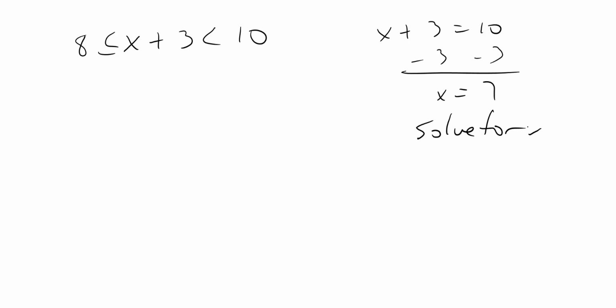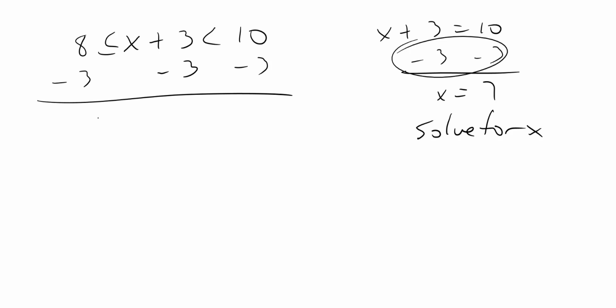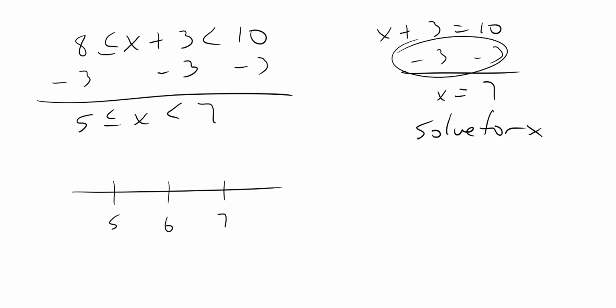So I'm going to subtract 3, but you have to do it not only on one side, you have to do it on all three sides. So it's minus 3, and minus 3. So you get 5 less than or equal to x less than 7. That's how you do that. And you graph it between 5 and 7. This is going to be a solid dot, and this is going to be an open dot. And that's your answer.